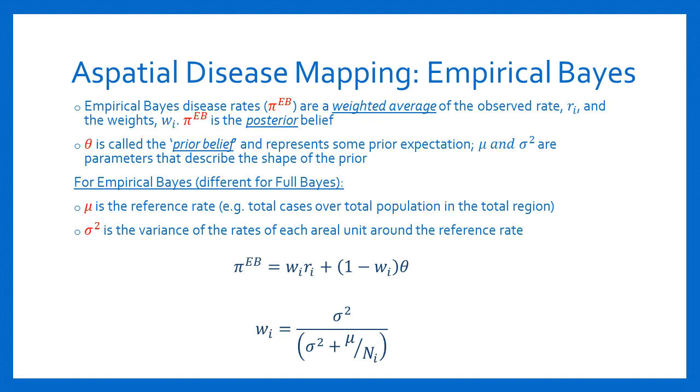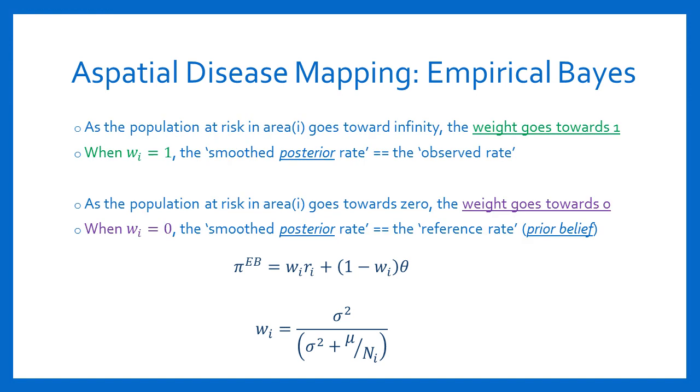And again, the formula is here. You can look at it if you want, but ultimately the smoothed empirical Bayes rate, the updated posterior belief, is simply a weighted average of the observed data and the reference data, and the weights come from the size of the population. Let me make a little bit more sense of that.